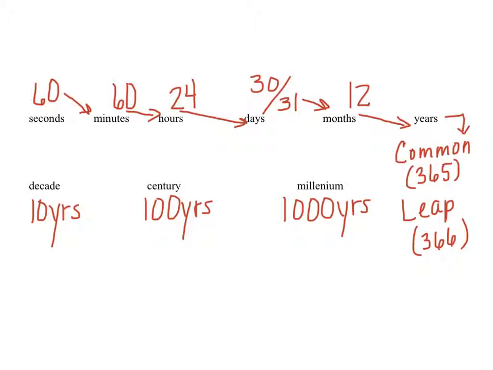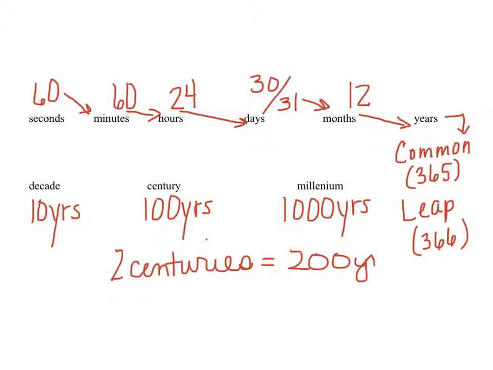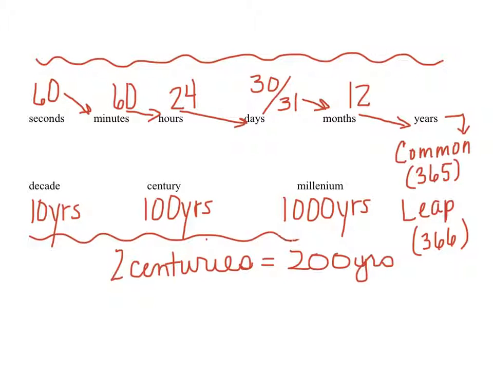So if you were to say 2 centuries ago, well, that would equal 200 years because each century is going to be 100 years. So those are your measuring times. So long as you're familiar with those right here and these down here, you will do just fine with that.